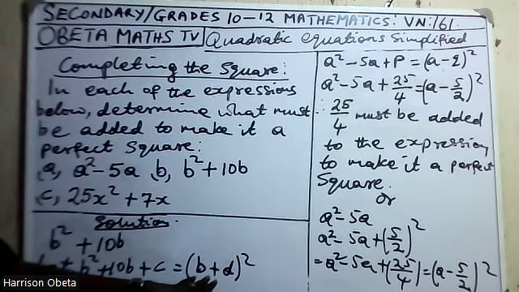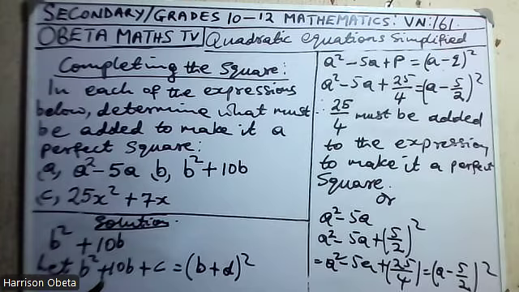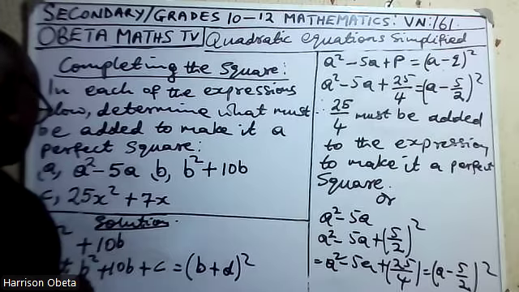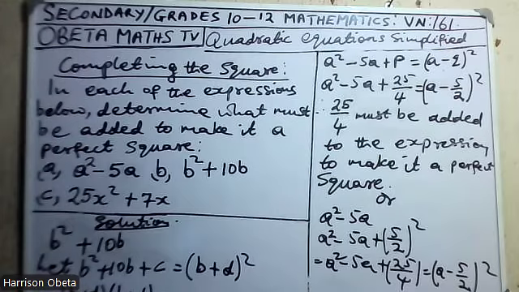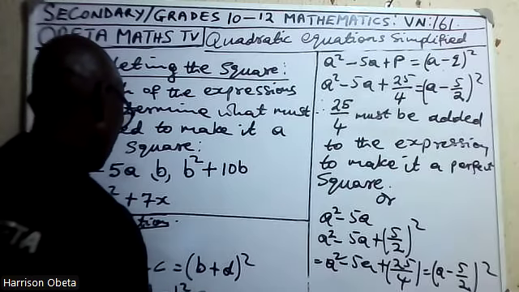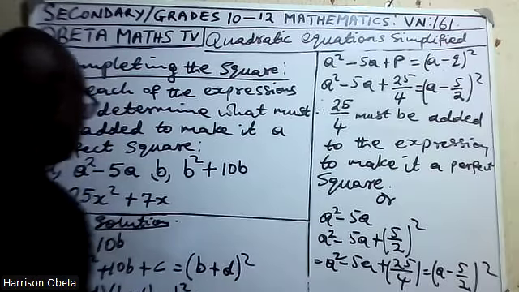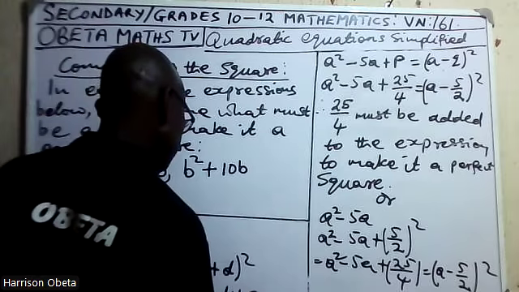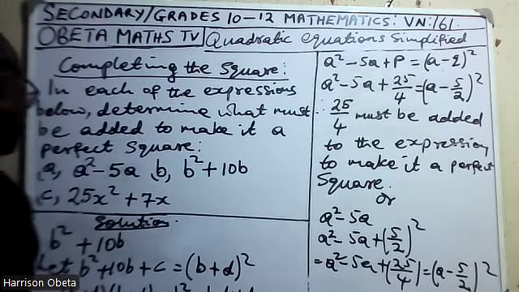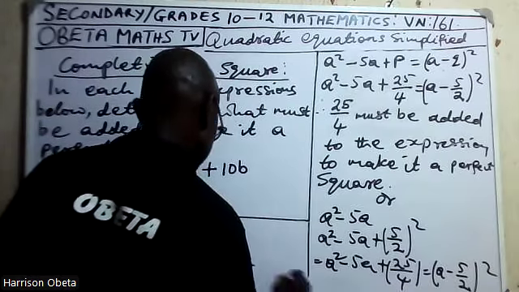Remember that when you factorize, whatever sign is here will be the sign in between. So if we go ahead and expand, I'm trying to expand this into B plus D, which will give me B times B is B squared, B times D plus BD, D times B plus BD, then D times D plus D squared.